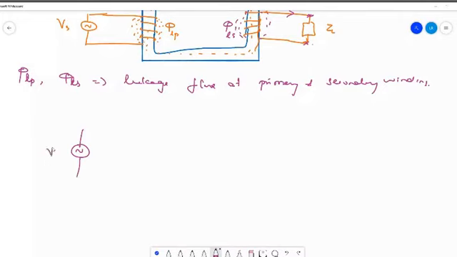Let's say this is the supply voltage that is applied on the primary side, and then that coil will have a particular resistance RP, and it will have a particular inductance, whose impedance is denoted as XP.